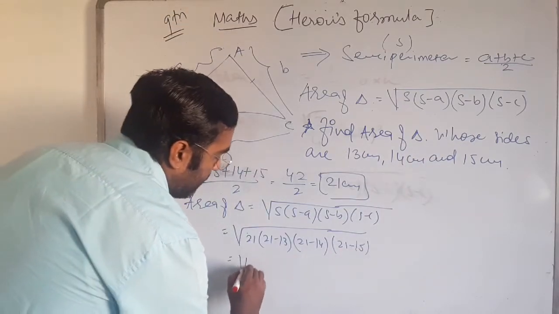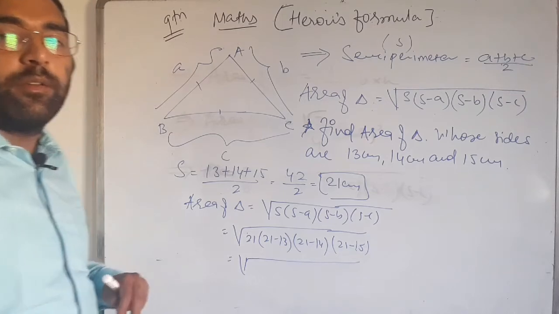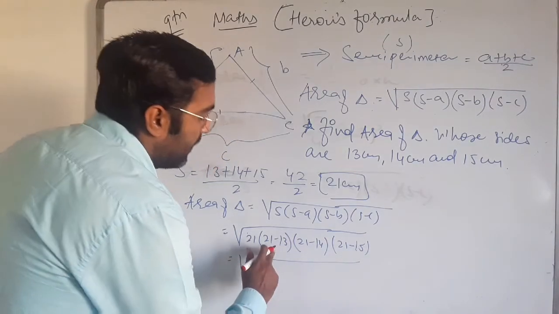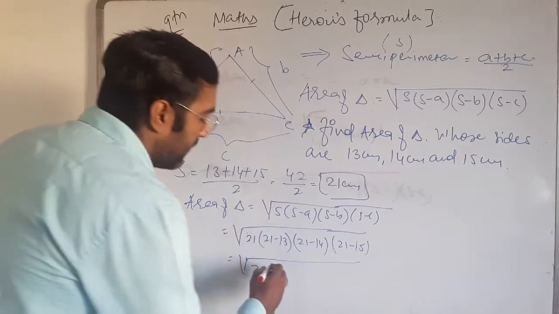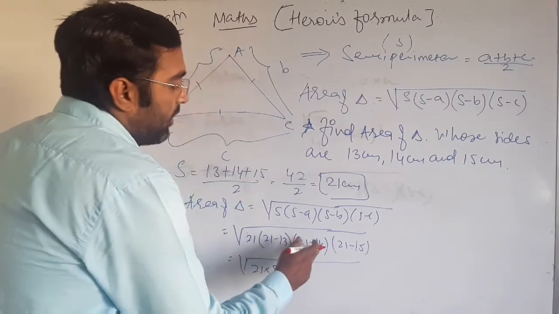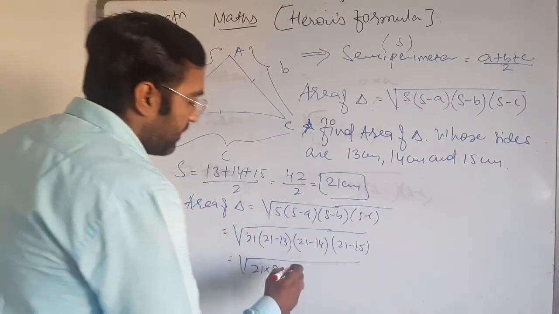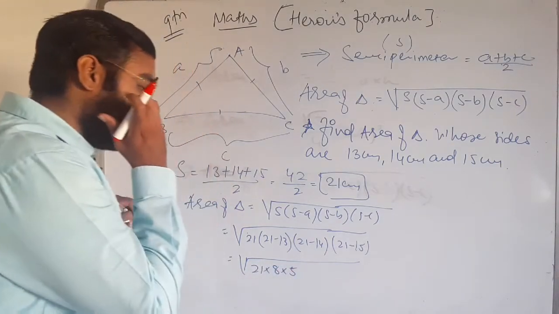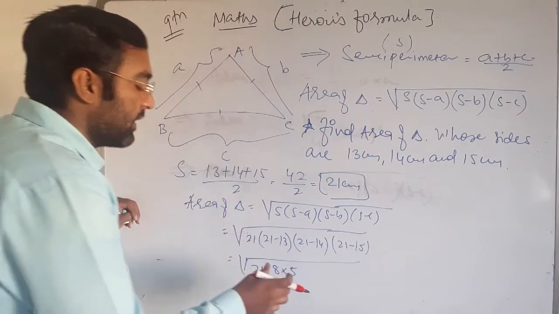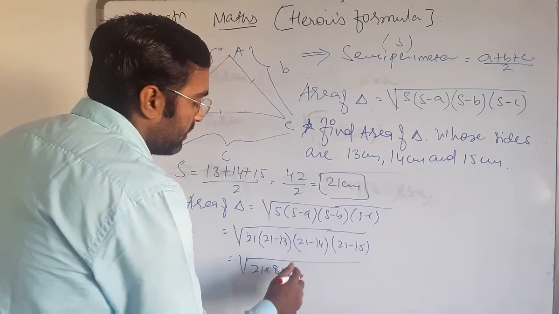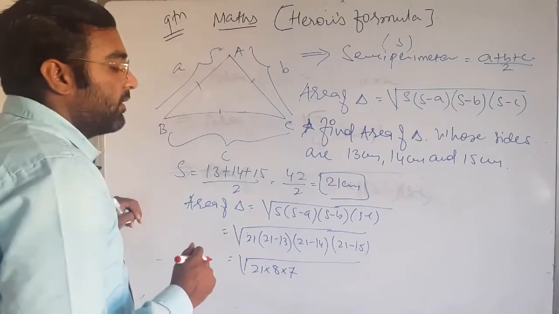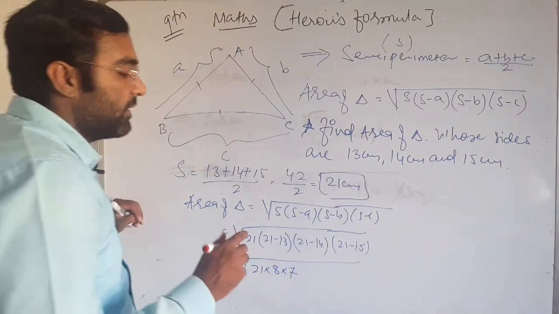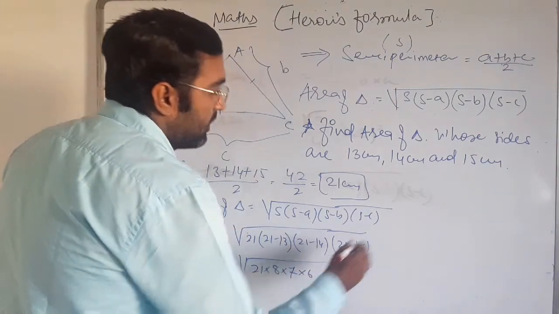Now calculate: 21 into (21 minus 13) that is 8, into (21 minus 14) that is 7, and (21 minus 15) that is 6.